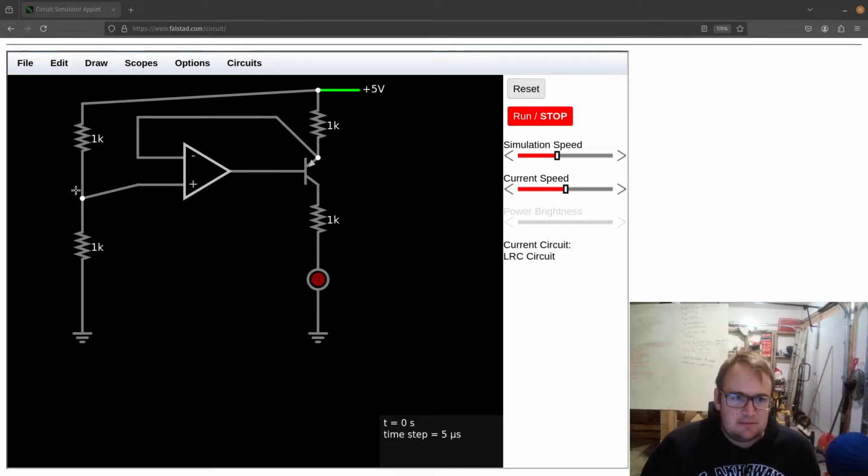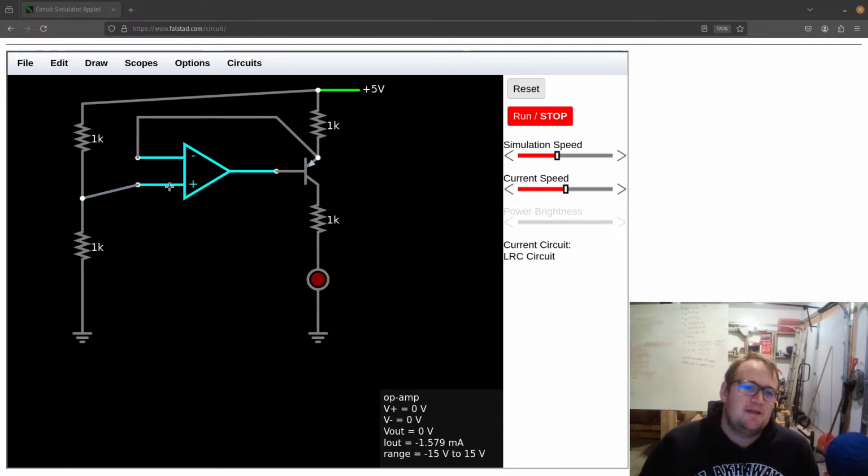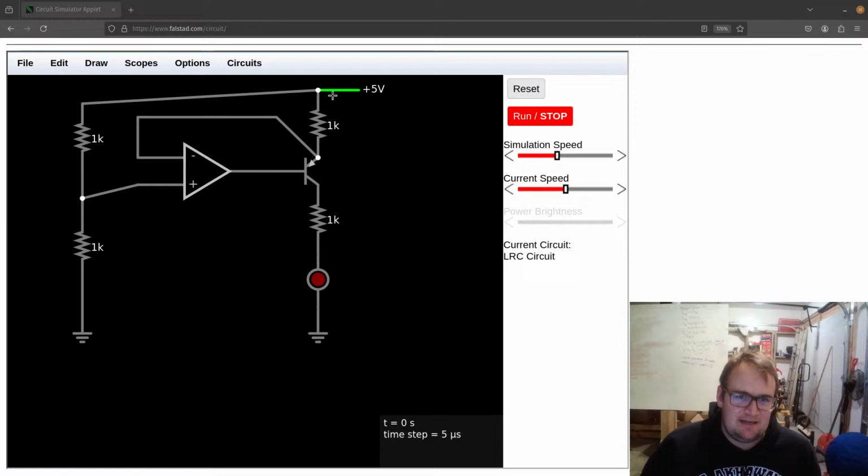Then this would be 2.5 volts. And, yes, I think I see what it's getting at. That would be VCC minus VN divided by R. So I see how it's getting there to that formula.